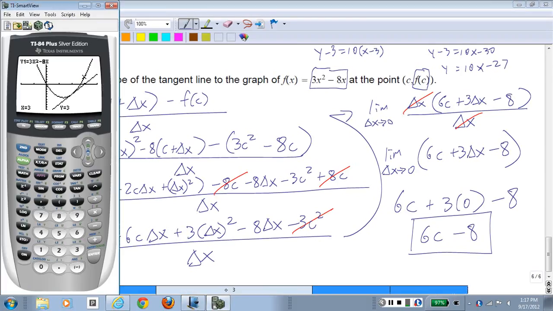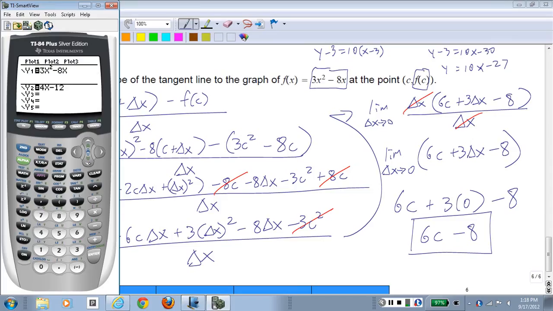That's 33. Is it 33? No. So it would be 10x minus 27.